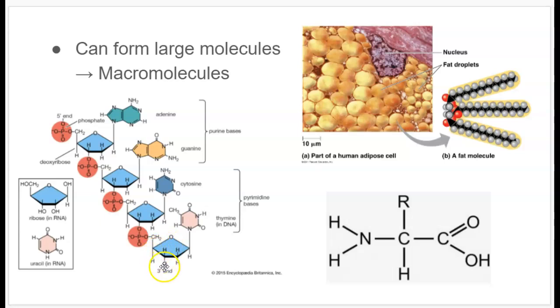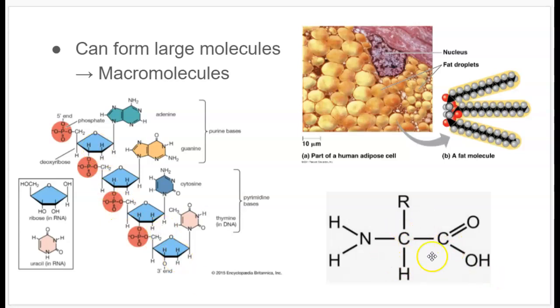You don't see the carbons here in the diagram because of the way they draw this structure: the carbon is there at each corner. So it's a 5-carbon ring, and then there are things bonded off of it. And so you can see that it's the backbone or the basis for this DNA chain.